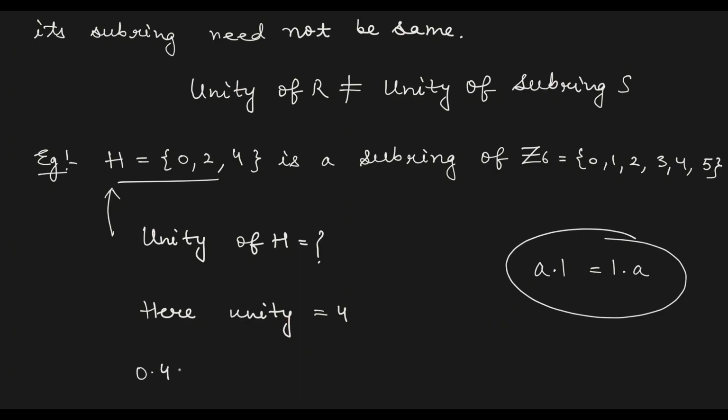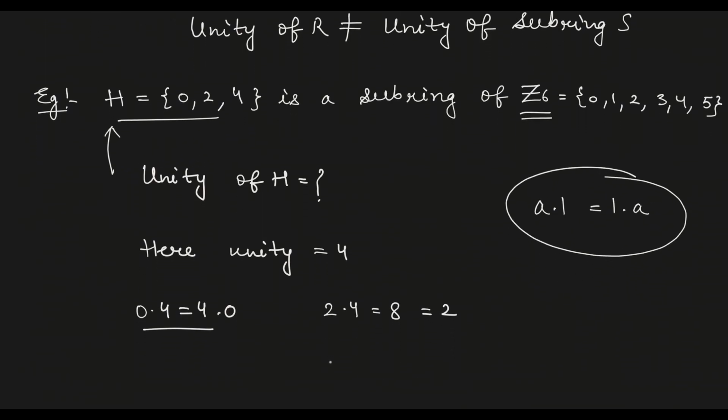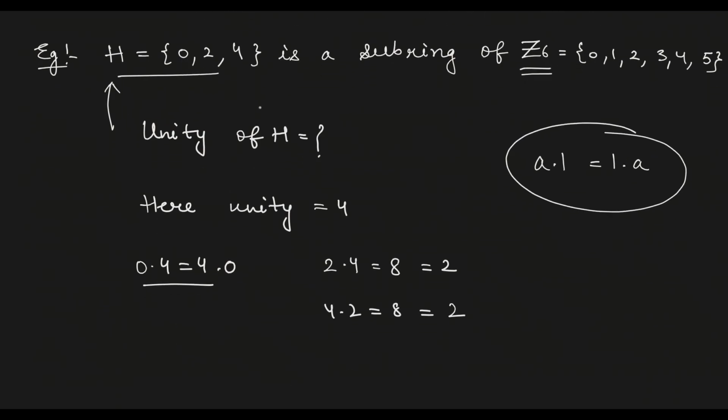So 0 into 4 is equal to 4 into 0. Then 2 into 4, which is 8, modulo 6, it will be 2. 4 into 2, again 8, modulo 6, 2. 4 into 4 is 16, modulo 6, 4. So unity is 4.